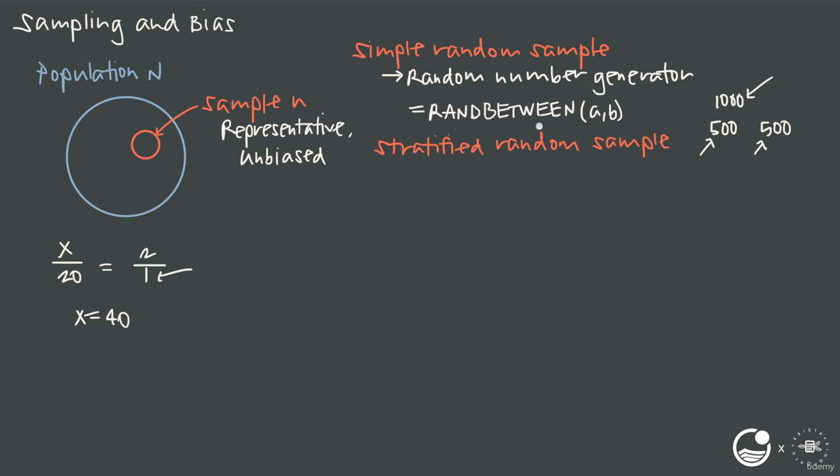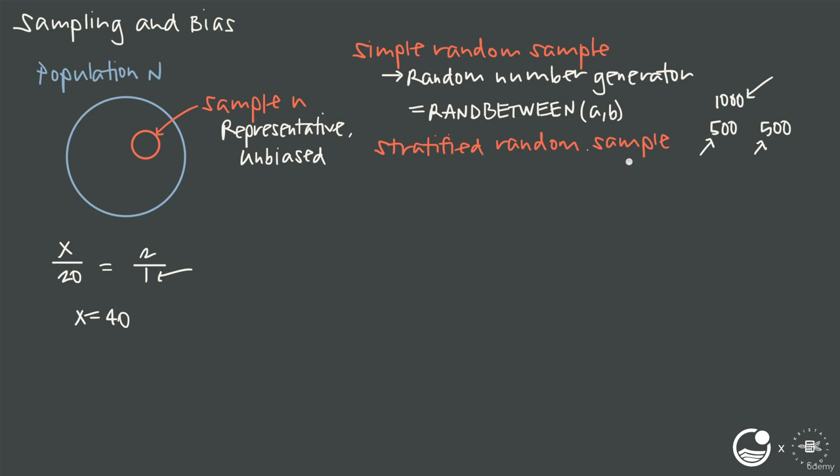So if our sample size is 150 people, we could take a random sample of 75 men and a random sample of 75 women, and that would give us a 150-person sample that is more representative of the company as a whole in terms of gender.